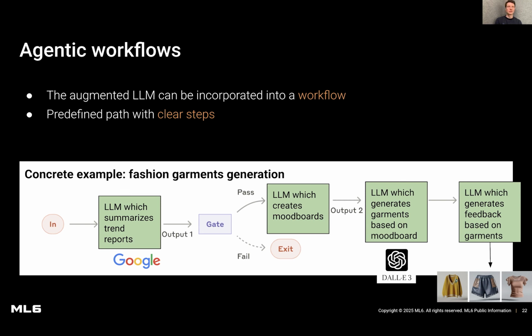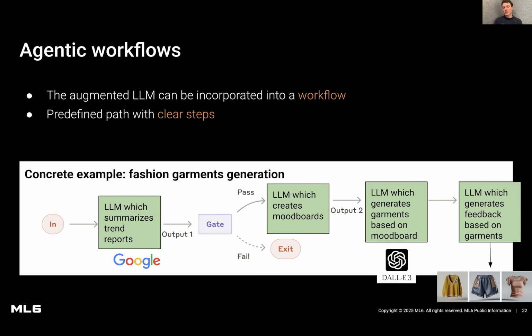It first generates those as text, but it has also been equipped with a text-to-image tool, in this case DALL-E 3, a text-to-image generation model from OpenAI, to visualize those garments and clothing items.